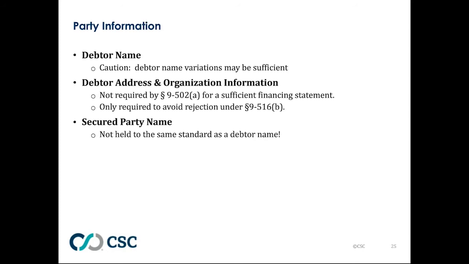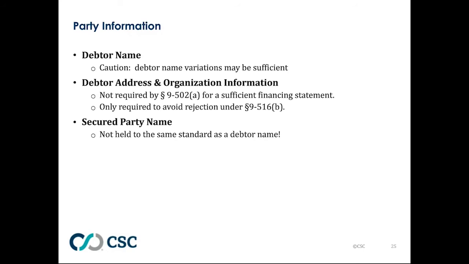It can even be a representative of the debtor, or of the secured party, I should say, and it doesn't even have to indicate that. So as a result, the secured party name, just about anything goes for that, and searchers need to be careful not to disregard a record based on the secured party name.